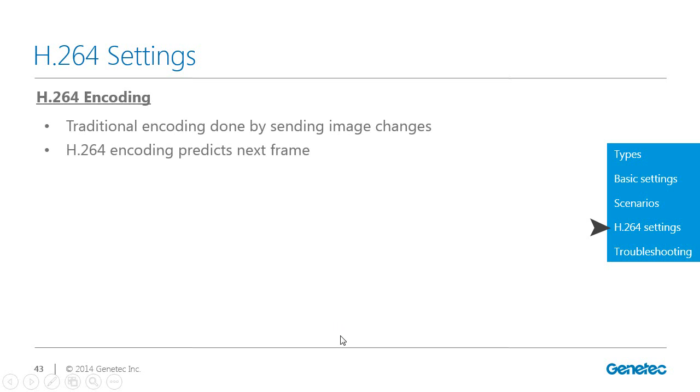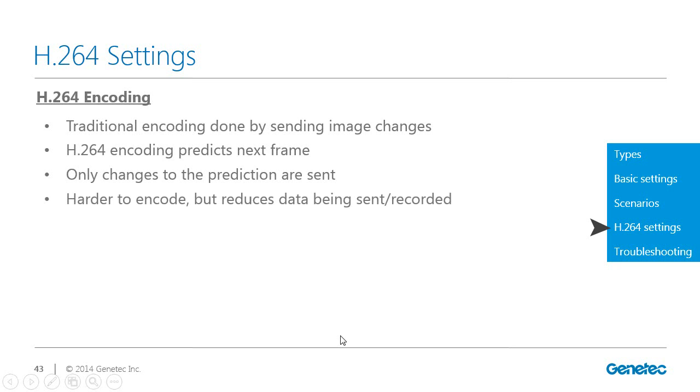In H.264 encoding, a prediction is made for where each part of the image should be based on the previous frames, and only the differences to the prediction are sent. So basically, if the motion in the image is what the H.264 encoder expected, we aren't really encoding any data at all.